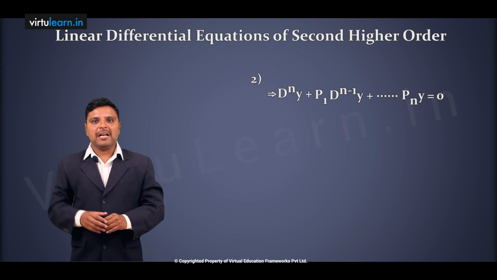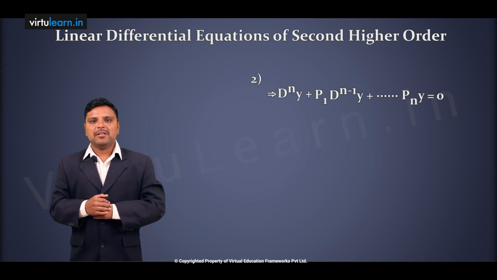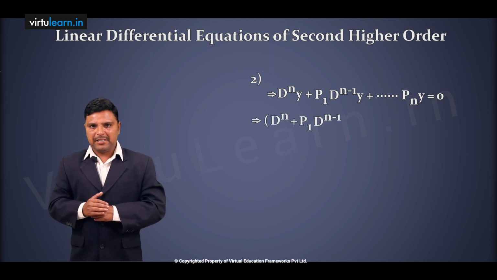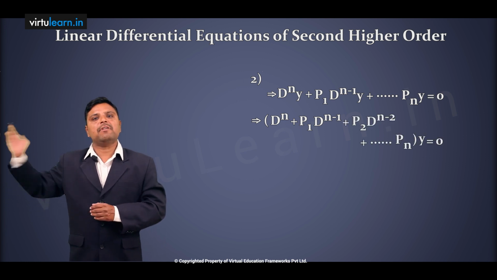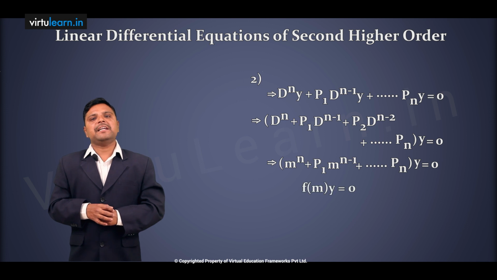From this equation I will take y common. Then it becomes (D^n + p1 D^(n-1) + and so on pn) y = 0. Means it becomes f of D into y = 0.